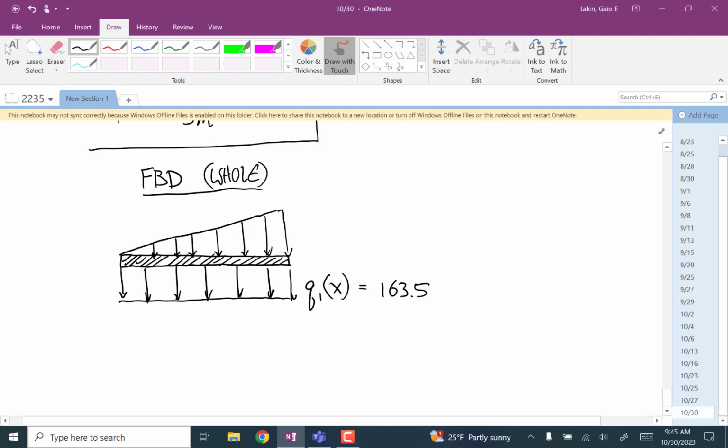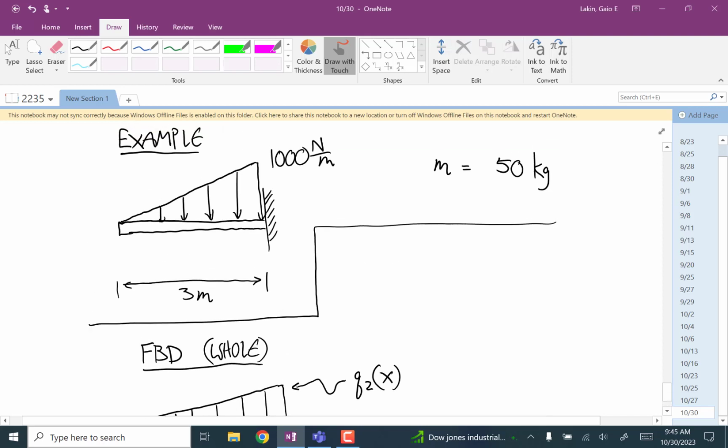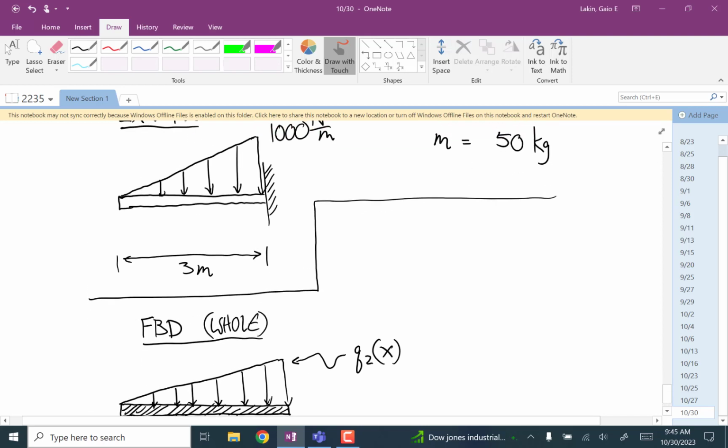For this one, we have to figure out the function for that line. I'll call this one Q2 of x. The slope is going to be 1,000 divided by 3, so 333.3 repeating x.